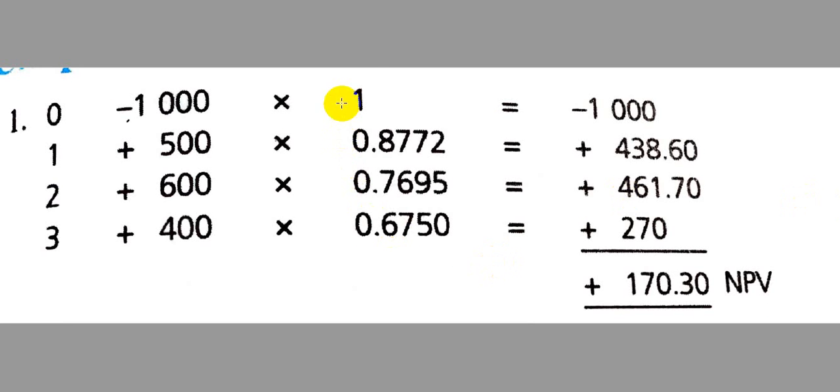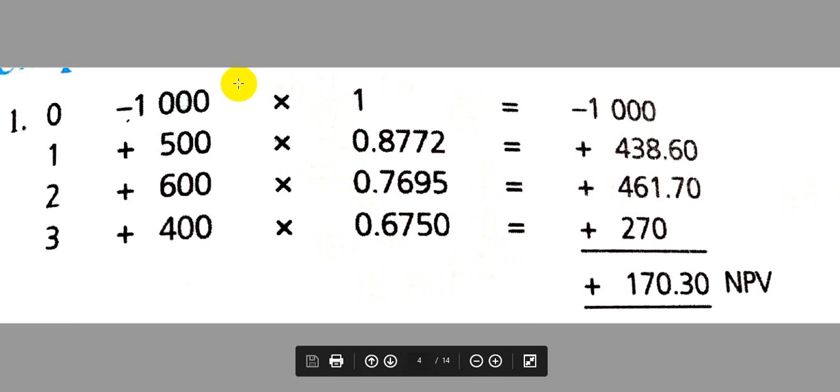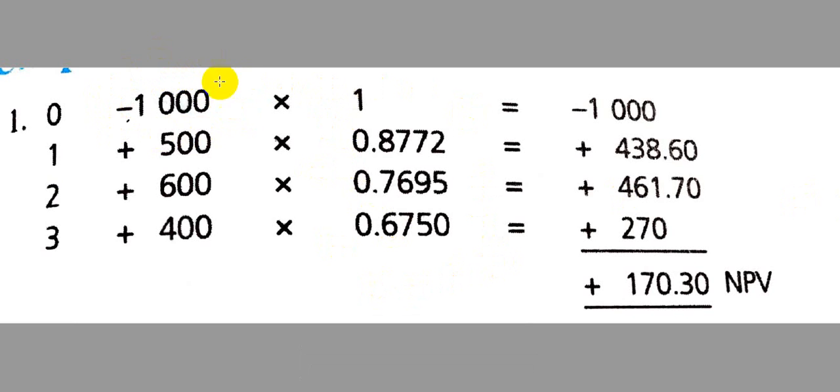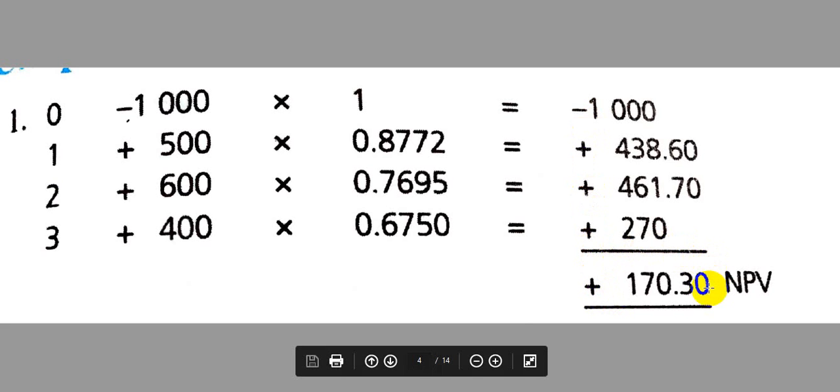So writing these amounts here, and the cash flows of the project, here the initial investment and the cash inflows for first, second, and third year, multiply each amount by the factor and have the summation at the end here like this.